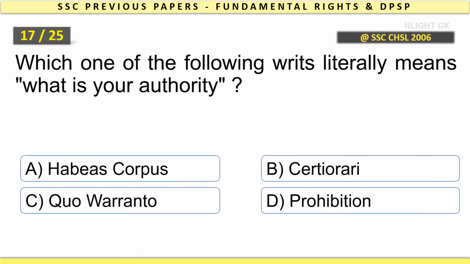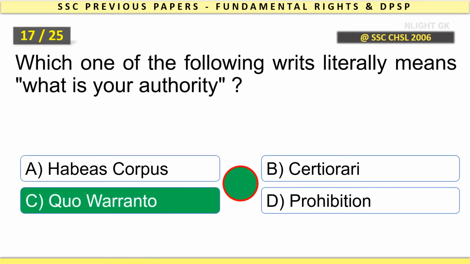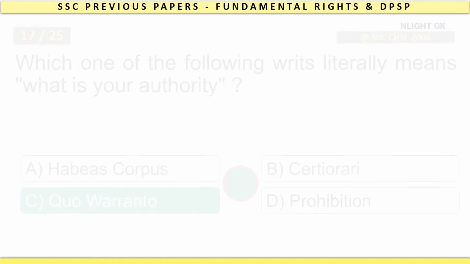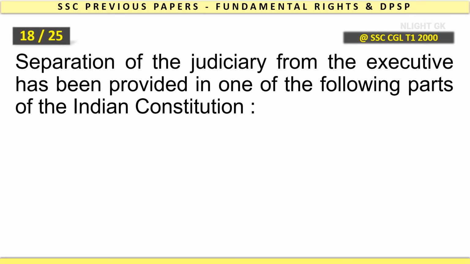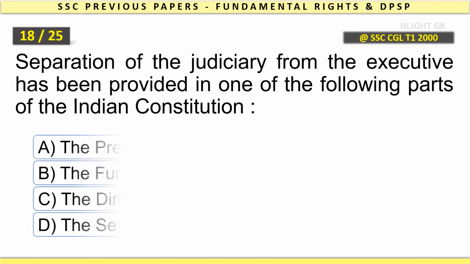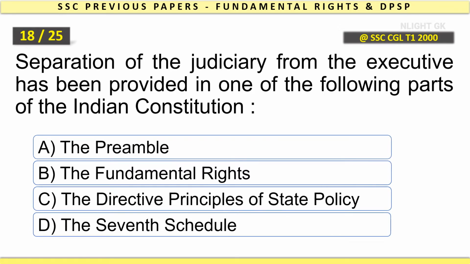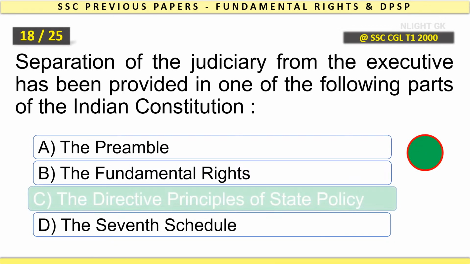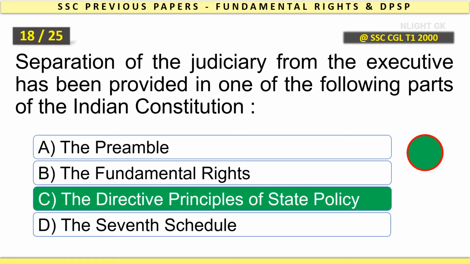Which one of the following writs literally means "what is your authority"? Quo warranto. Separation of the judiciary from the executive has been provided in one of the following parts of the Indian Constitution. The Directive Principles of State Policy.